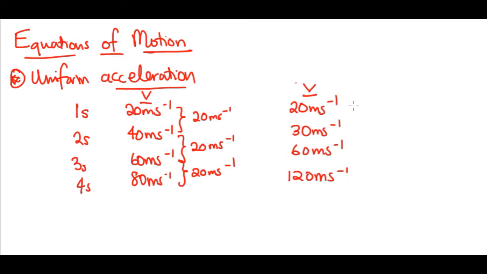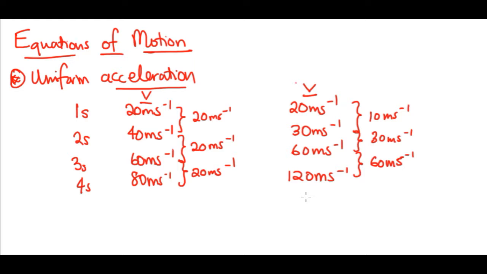Good. And then this person will come and say, my change in velocity in the first second was actually 10 meters per second. My next change in velocity was 30 meters per second. And my last change in velocity was 60 meters per second.